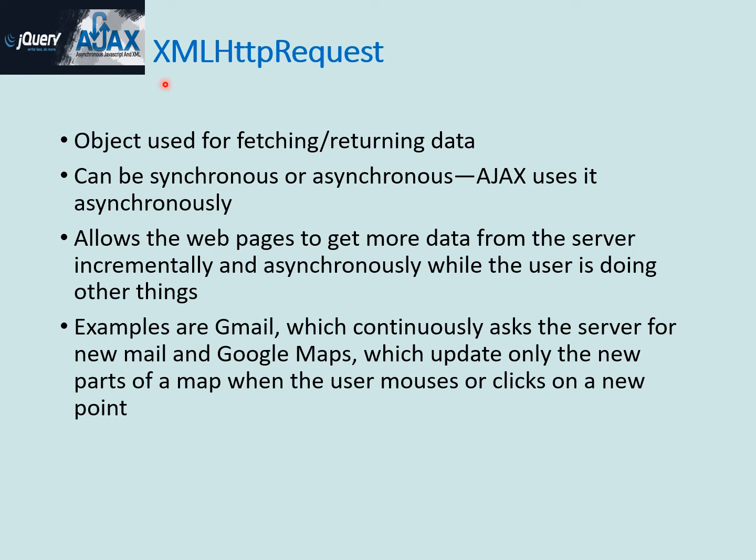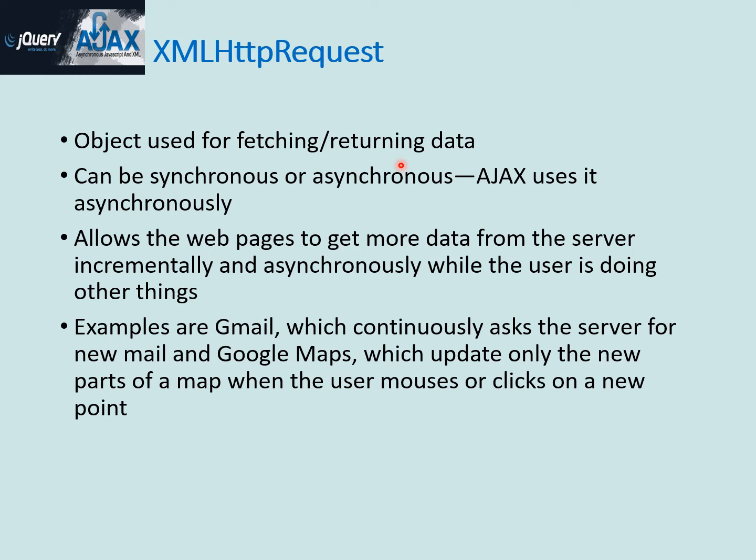The most important thing related to Ajax is XML HTTP request. The XML HTTP request object is used for fetching or returning data. The request is sent from a browser towards the corresponding server.